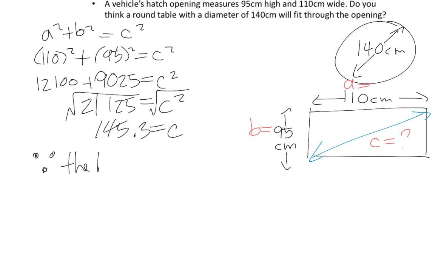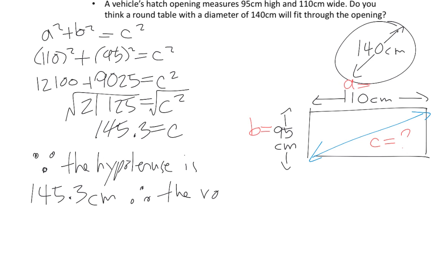Since the hypotenuse is 145.3 centimeters, therefore the round table will fit into the car.